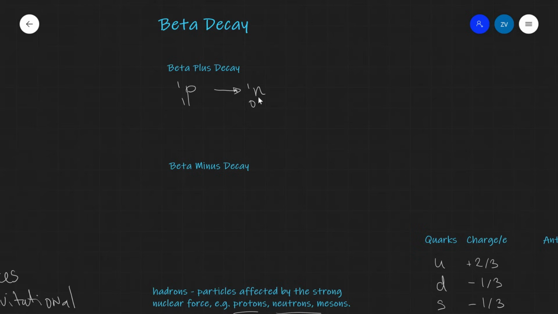So in order to balance out this equation, we're going to need a beta plus particle, which is a positron. So that's going to be plus 1, 0. We also get a little neutrino overall. The neutrino has almost no mass and has no charge, and it's not a nucleon.